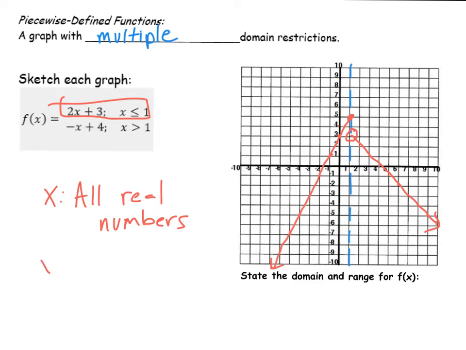Range, different story. Much different story. Looks as though y needs to be less than or equal to 5. As soon as I go above 5 on the y-axis, I get to a big blank part of the graph. It doesn't go up there, so it's not a part of the range. It's got to be less than or equal to 5.